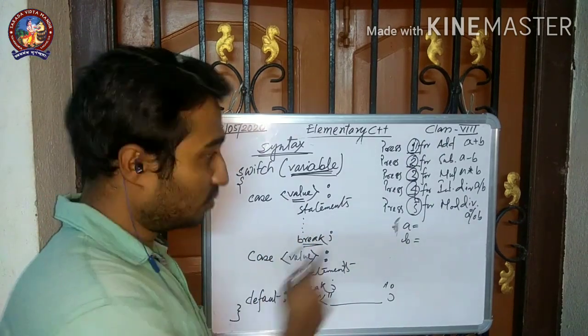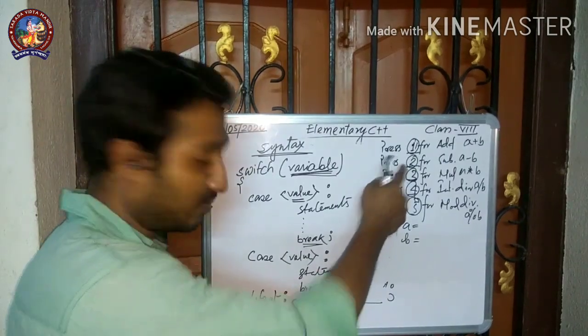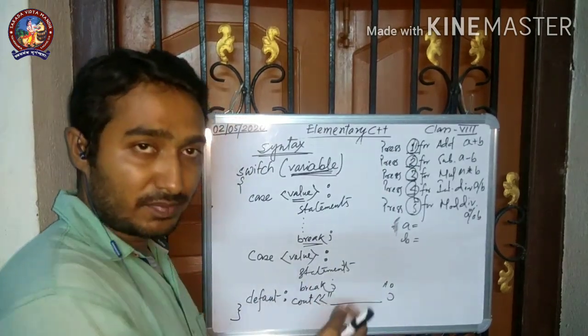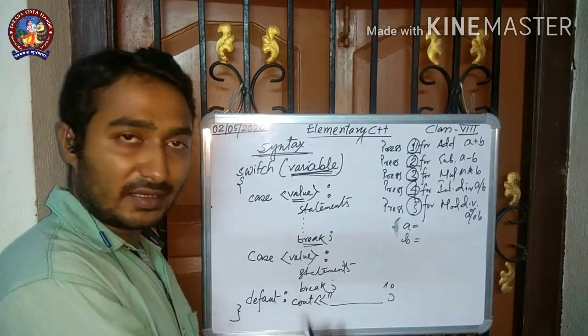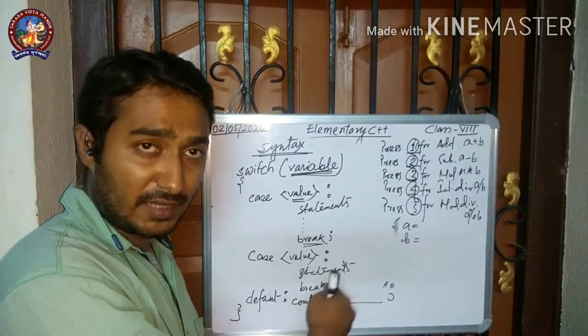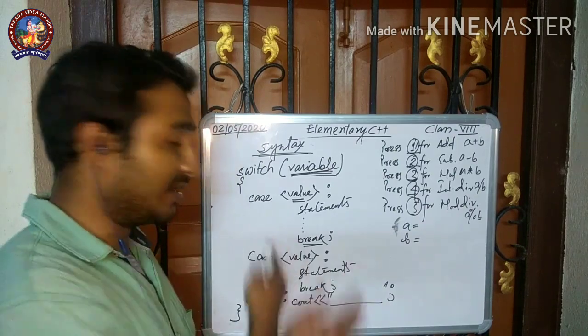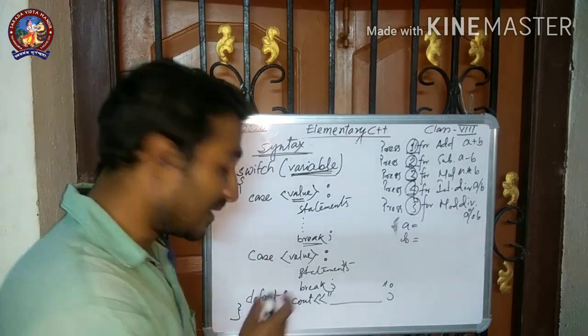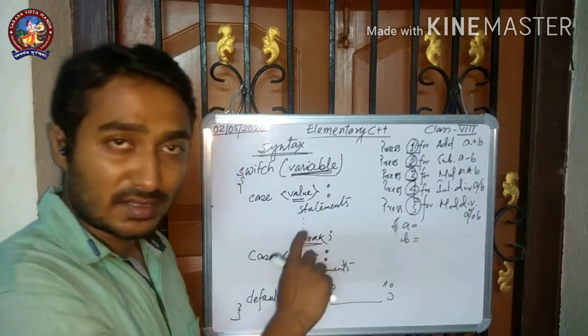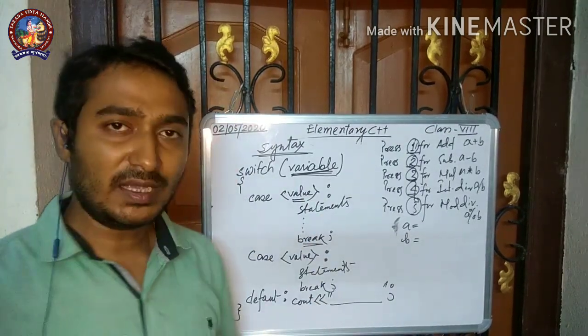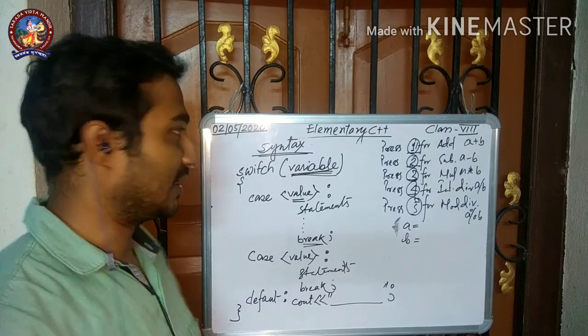Case 2, because the choice is 2. If it is 12, then it will be 12 here. Simple. Then the subtraction operation here. Then case 3, case 4, case 5. If we have 10 cases, we can write 10 cases here. And at last default. Default is used if none of the cases match, the default case will be executed. So that's all.